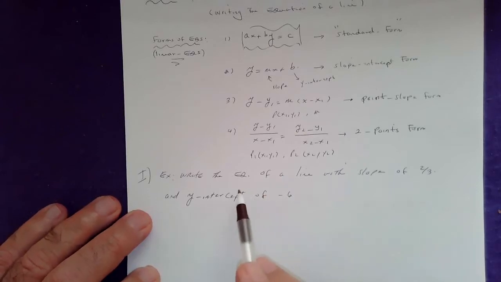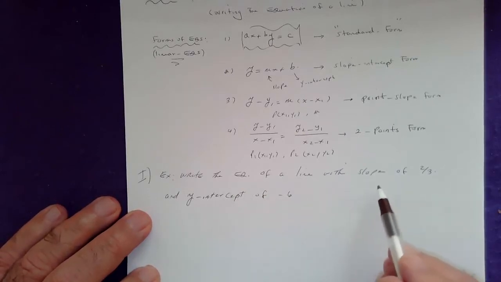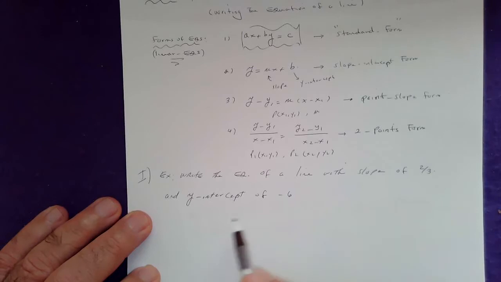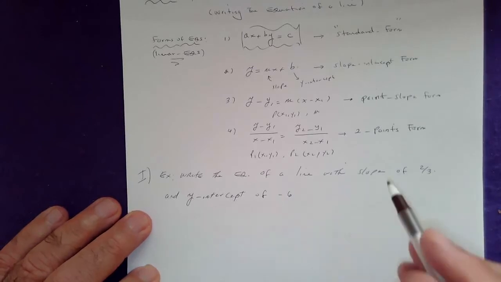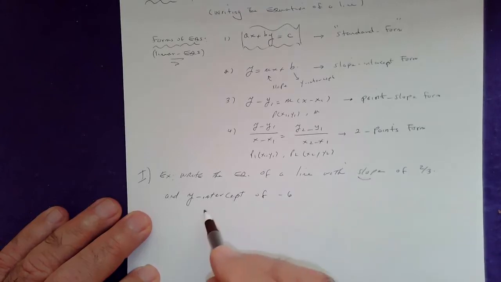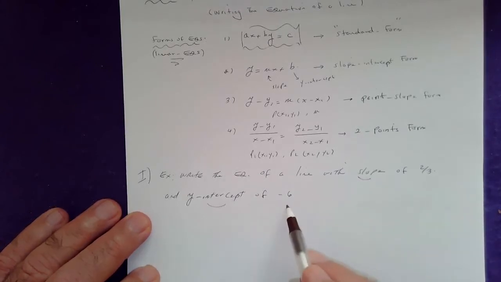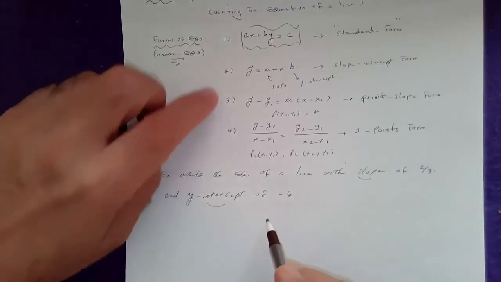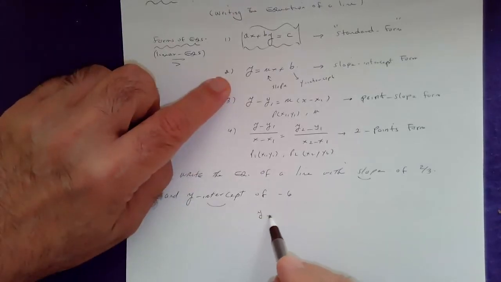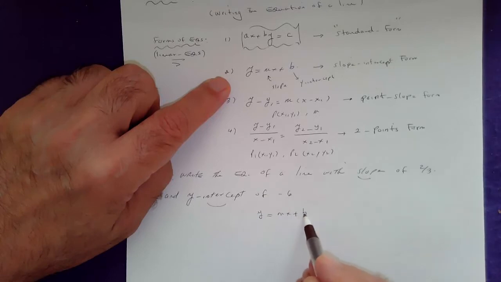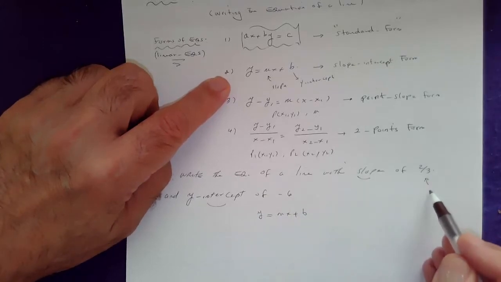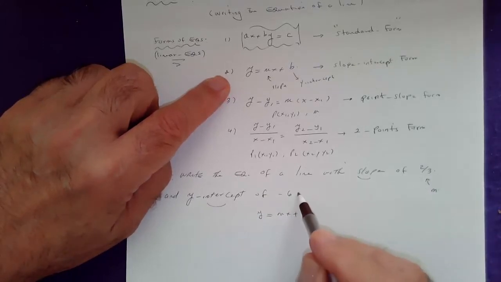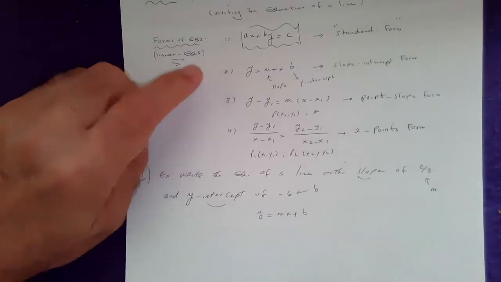Case 1, write the equation of a line with the slope 2/3 and the y-intercept -6. Looks like this is slope-intercept form because I have the slope and I have the y-intercept. So I'm going to use form 2, and I recognize this is the slope, m, and this is b, the y-intercept.